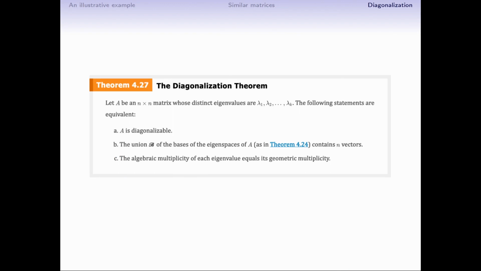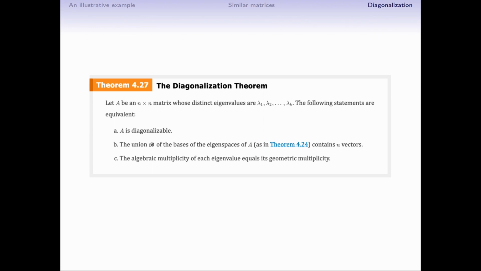Now let's make sure we understand how theorem 4.27 was operative in our previous example. In that example, the matrix A was a 3 by 3 matrix with 2 distinct eigenvalues, -1 and 2. Now, when we looked at the eigenspaces of the 2 eigenvalues, we saw that the eigenspace corresponding to -1 had dimension 2, and the eigenspace corresponding to the eigenvalue of 2 had dimension 1.